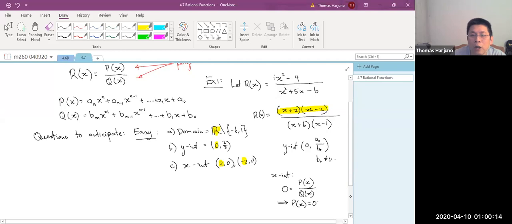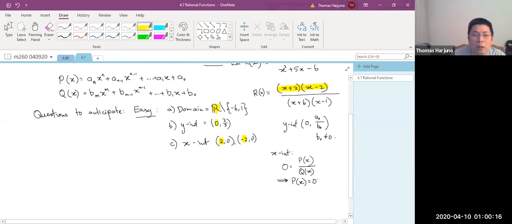Okay, let's do another example. Then you can see better what I mean. Example 2, I will use a rational function that looks very, very similar: x squared minus 4 over x squared plus 5x plus 6.